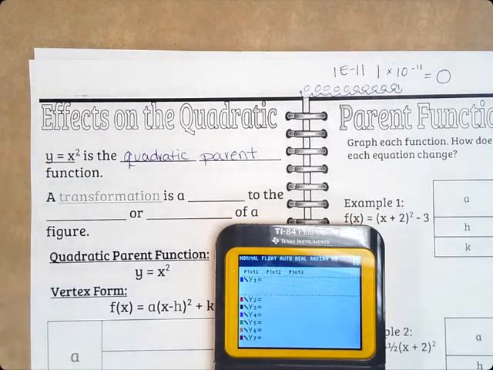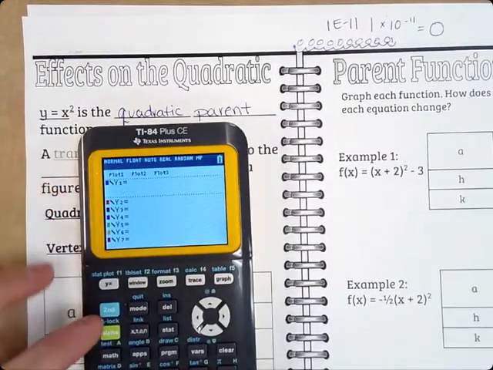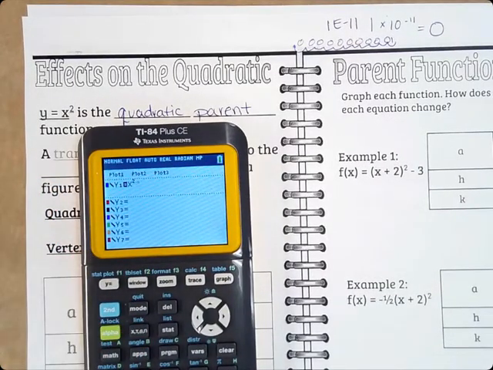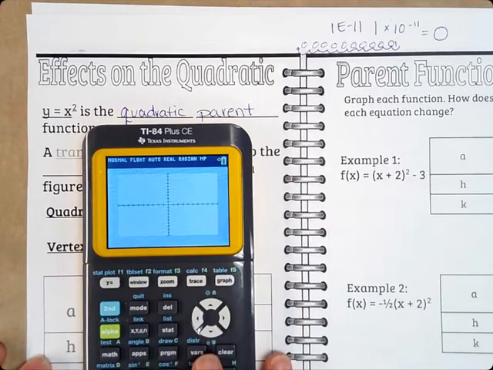So let's look at what x squared is. Go to y equals, and let's put in just x squared. That's our quadratic parent function. It's the most basic quadratic function. Hit graph.